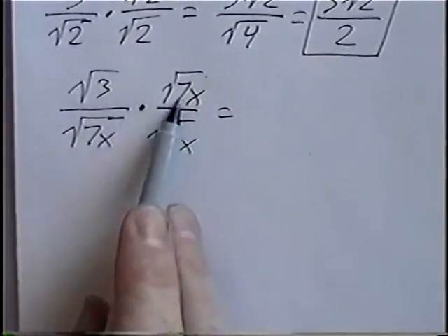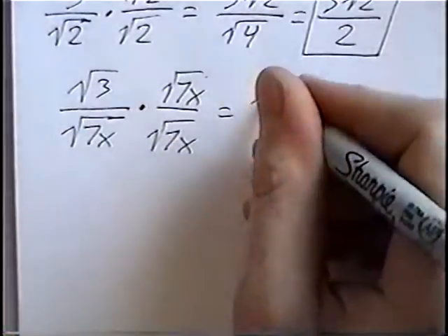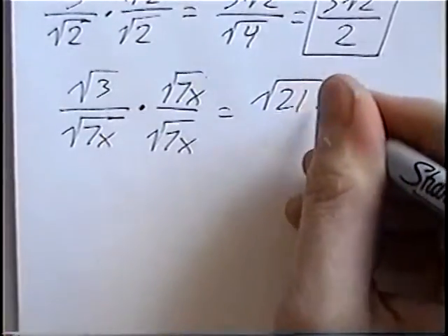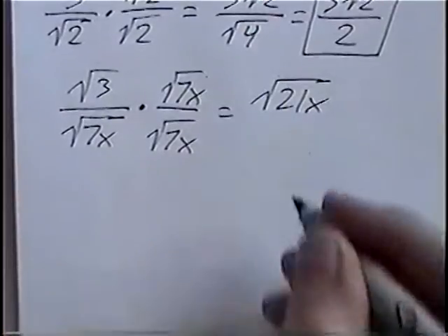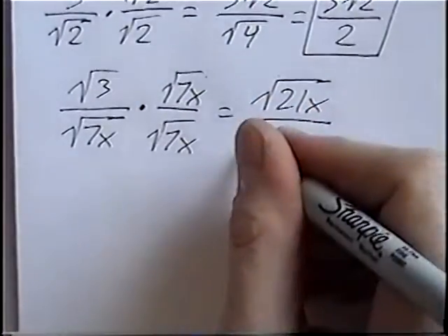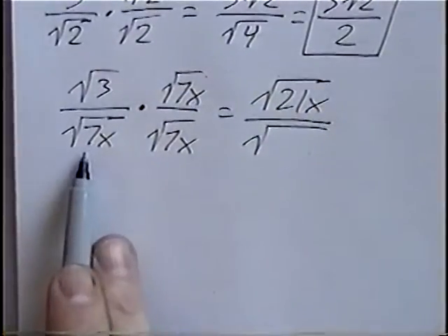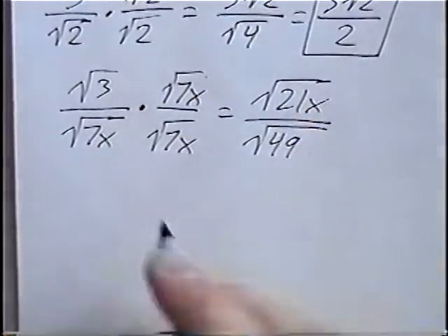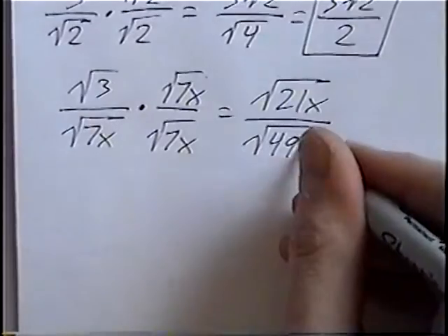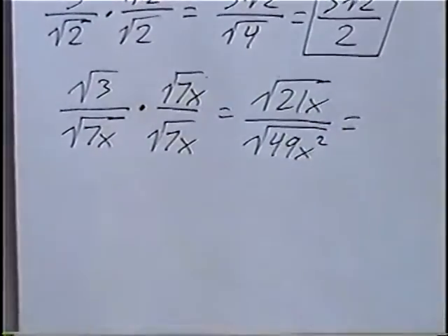The numerator, both are radicals or square roots, so you can multiply those together. 7 times 3 would be 21, and the x would be left over. For the denominator, again, they're both in radical form, so 7 times 7 would be 49, and x times x would be x squared.